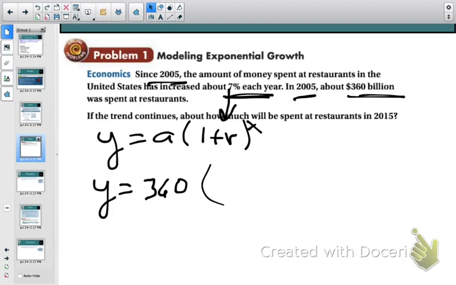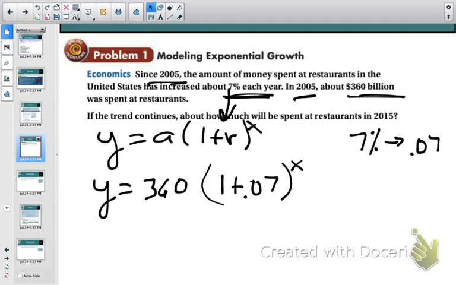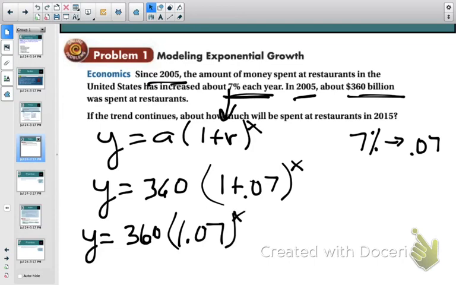You have to change that to a decimal. So remember, to change 7% to a decimal, we just move the decimal back twice. So that's going to be 0.07. So 1 plus 0.07 to the x. That just becomes 360 times 1.07 to the x power.